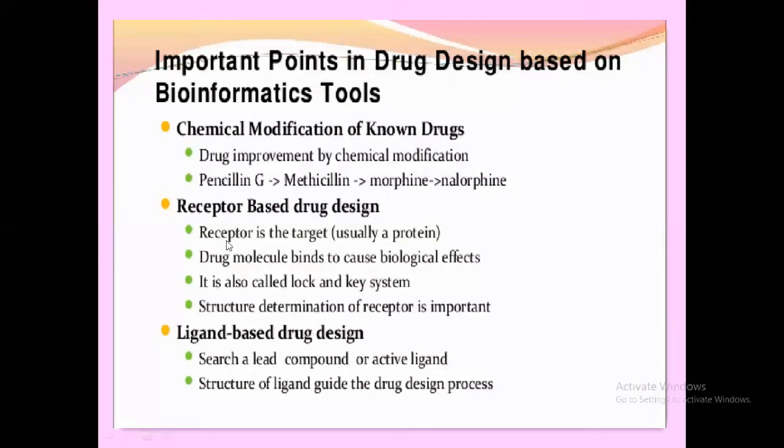In this approach, the receptor is the target. Usually the target is a receptor that may be a protein. Then the drug molecule, that is the lead compound, or the drug molecule what you have identified, designed, binds to this receptor to cause some biological effects. It is also called a lock and key system.